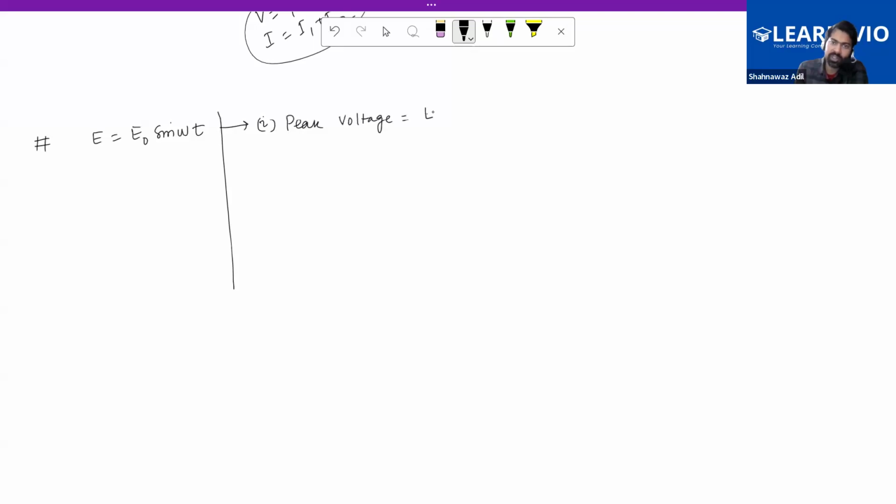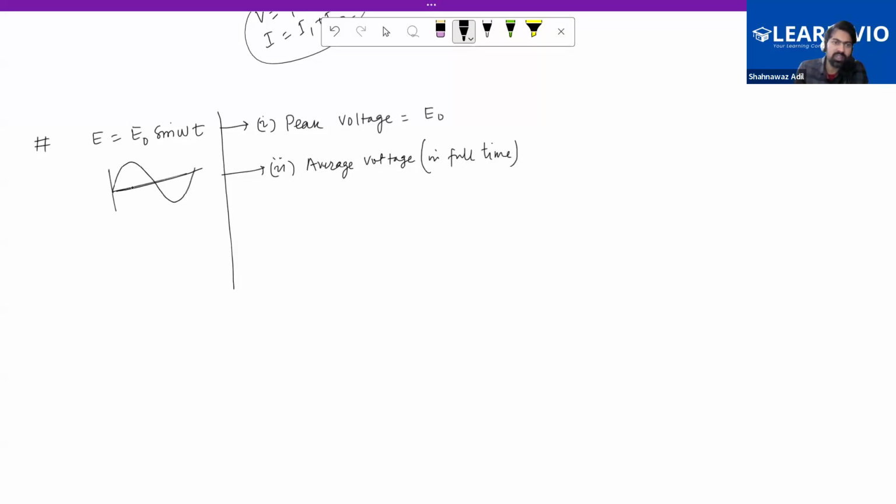So peak voltage is E naught. Then we have the average voltage in full time. And what is full time? So we talk about from here to here.